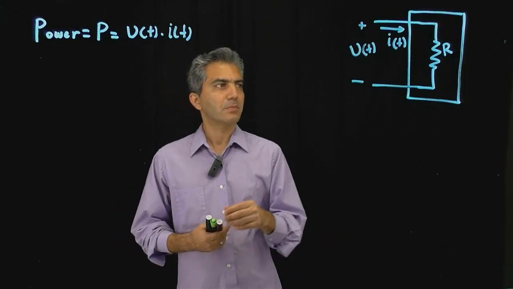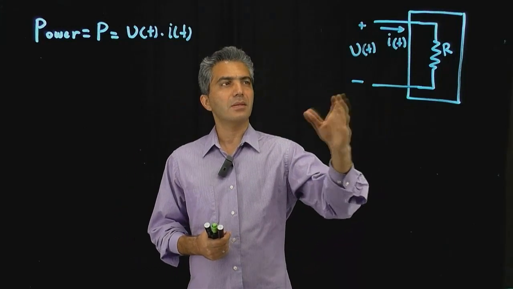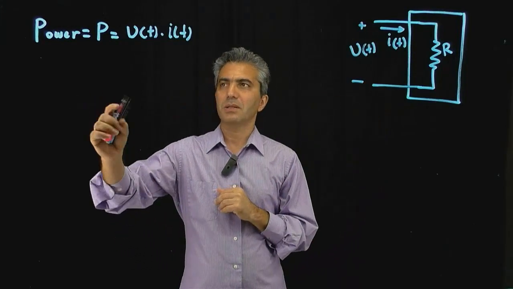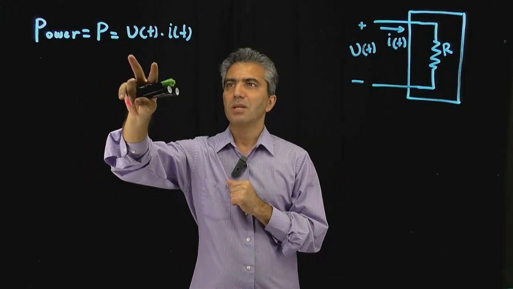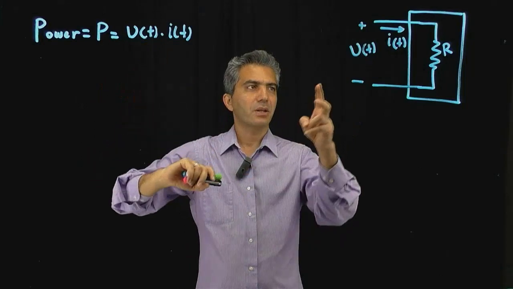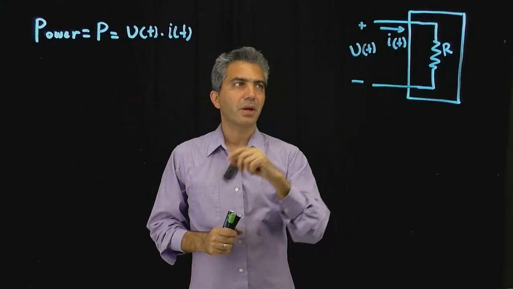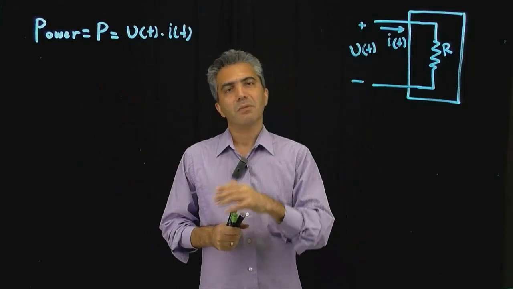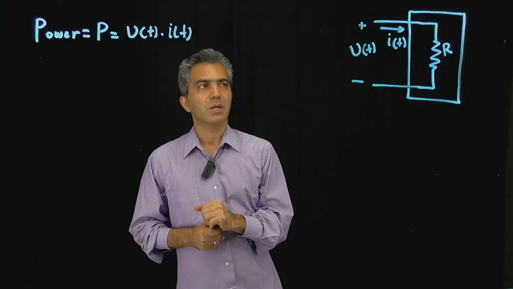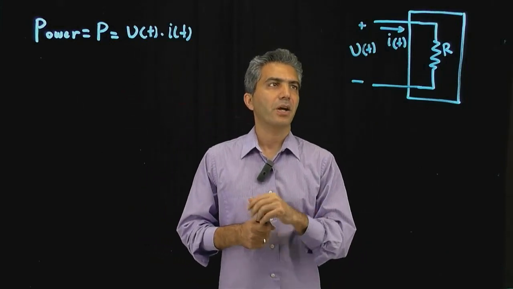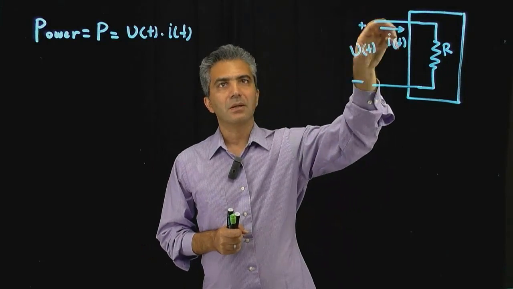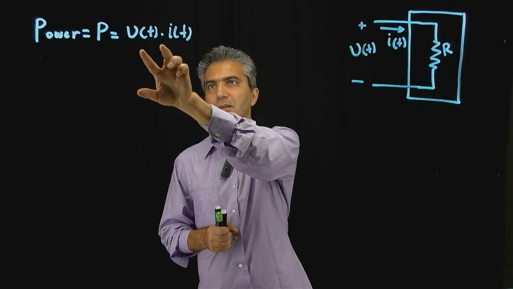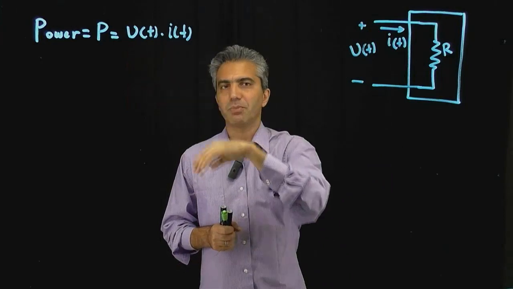So the basic concept that we already know about is that for calculating power in an electrical system, you take the voltage that is applied across the component and multiply it by the current that is passing through it. And we have a certain convention. Basically, if the current is going into the positive terminal, you take the value of the voltage and multiply by the current.